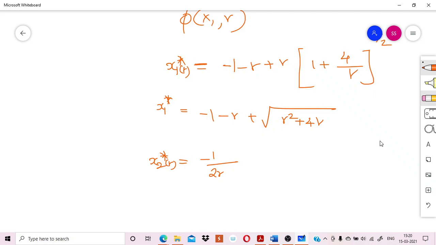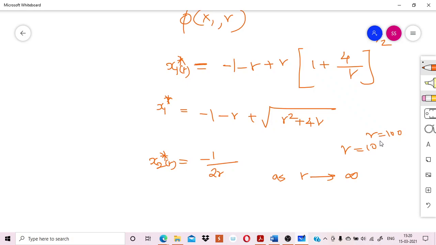So what the penalty function method says is that as r tends to infinity, okay, at the time of starting the problem, we didn't take any value for r, like r equal to 10 or r equal to 100. We didn't assign a value to this r.